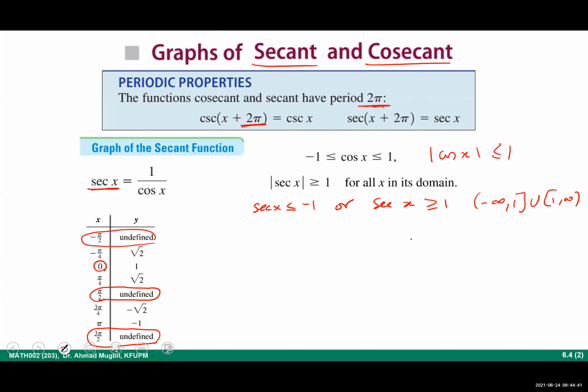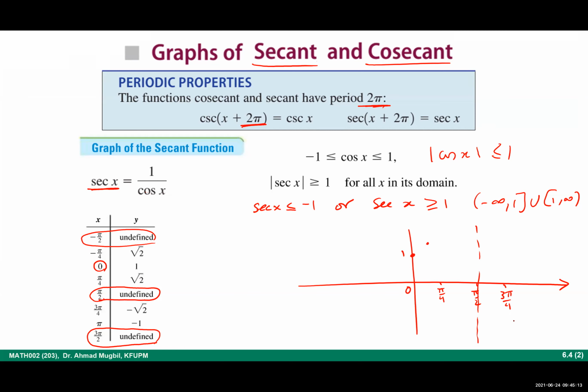If you try, Shabab, now to sketch the graph by plotting points, you can see that it is not easy at all. Look, at 0, it is 1. At π/4, it is √2. √2 is greater than 1, like here, for example. At π/2, it is undefined. So it means that we have a vertical asymptote here. At 3π/4, it is -√2.